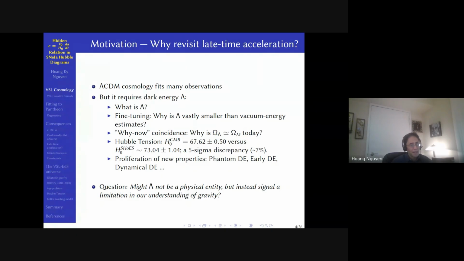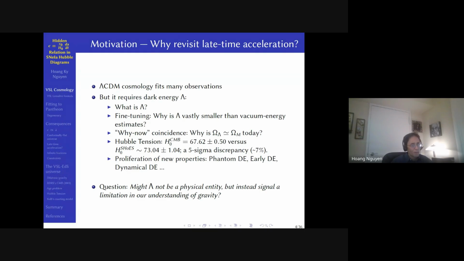Why the value of lambda and the density for matter are approximately equal to each other today. We also have the Hubble tension, which is about a 5 sigma discrepancy, about 7% difference. And also we have a lot of new properties that keep popping up every day. You know, we have phantom dark energy, early dark energy, dynamical dark energy, and so on.